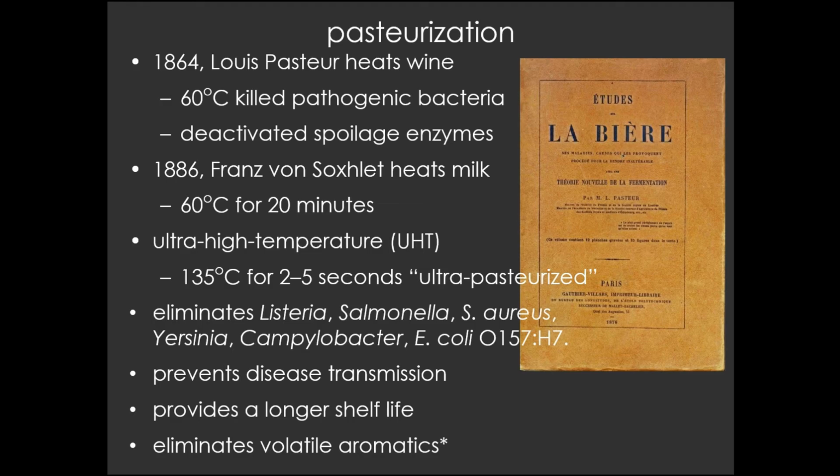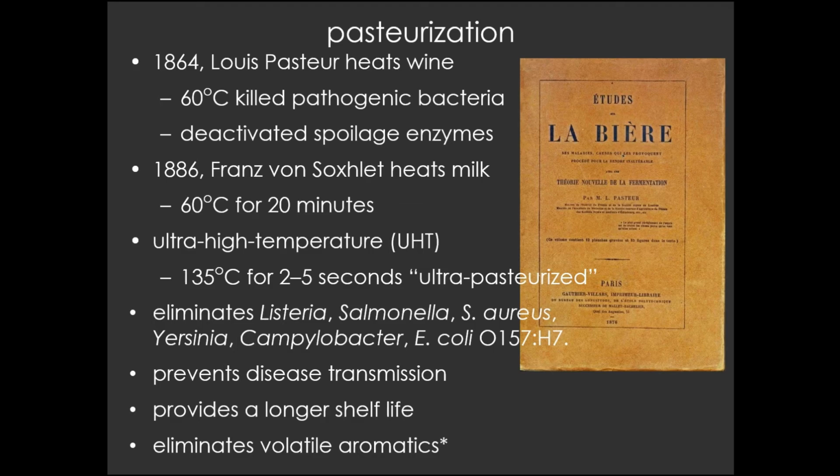And when he published those works, as you can see here in 1876, that was picked up by Franz von Soxhlet, who applied this idea of pasteurization to milk and came up with this modern idea of pasteurization, where milk is exposed for 20 minutes to 60 degrees Celsius in order to reduce the number of spoilage organisms. Now, milk exposed to historic pasteurization still has to be refrigerated because it still has organisms in it.